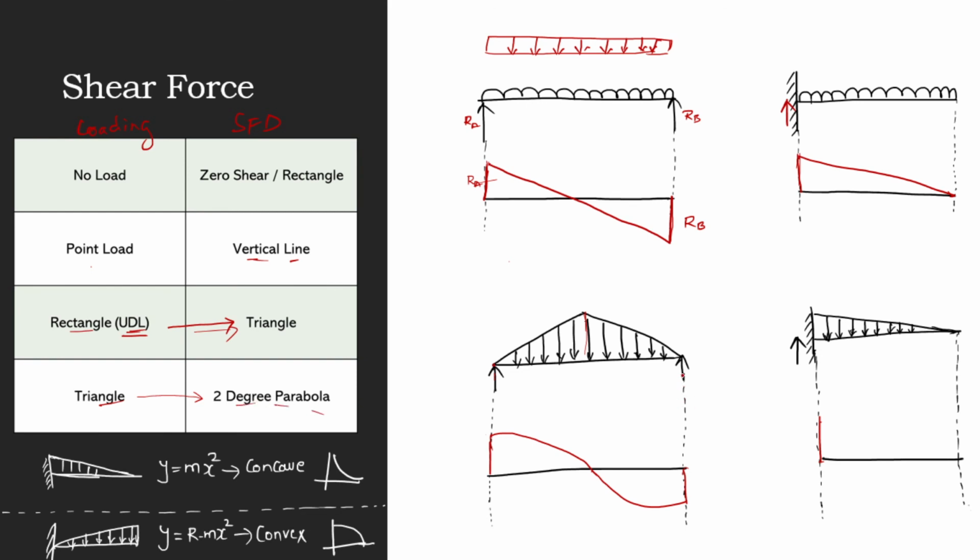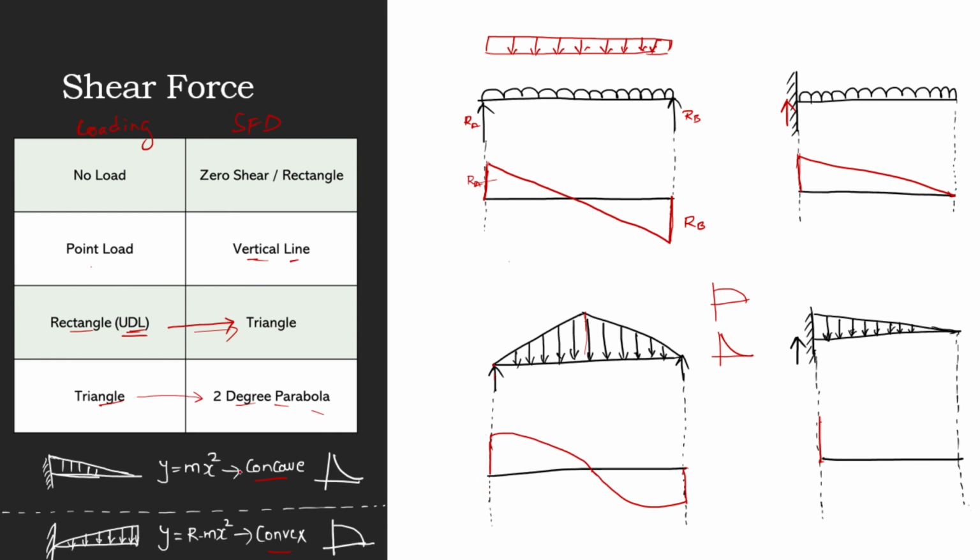So the rule is this, students: if it is a parabola, you can draw it either concave or convex. So you can either draw the parabola in this way, or you can draw the parabola in this way. I have listed concave or convex here to save time.